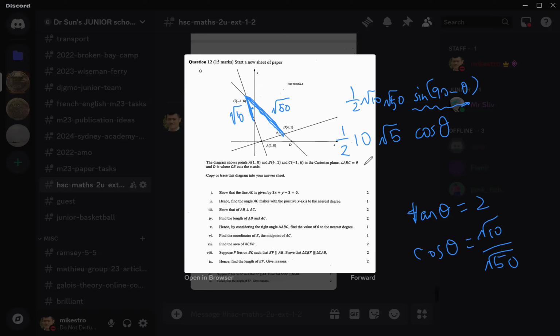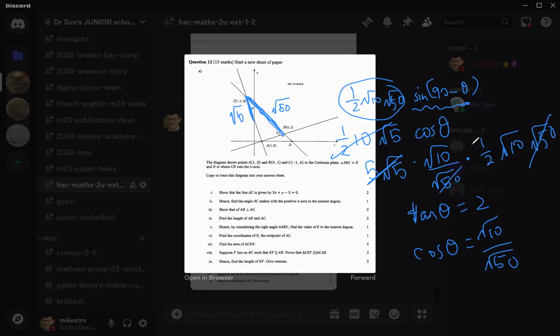So this is 5 root 5 times root 10 on root 50. Actually, it'd probably be better if I didn't simplify this and left it like that. Because then that'll be half root 10 times root 50, and the root 50s cancel, and the root 10s times together you get 5. So you get 10 over 2, right? Which is 5.